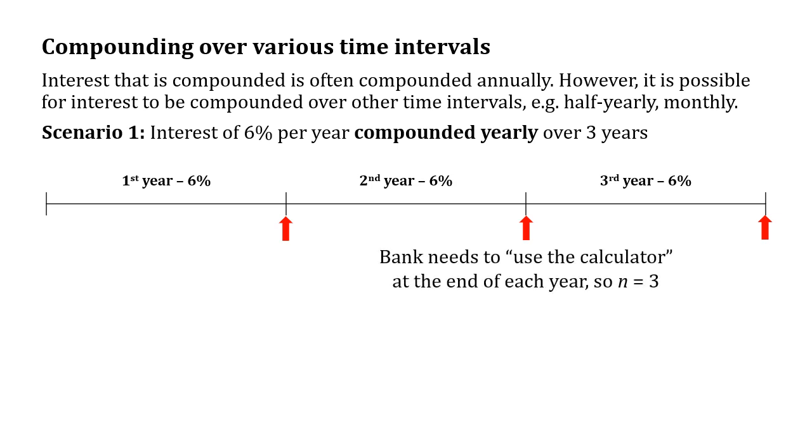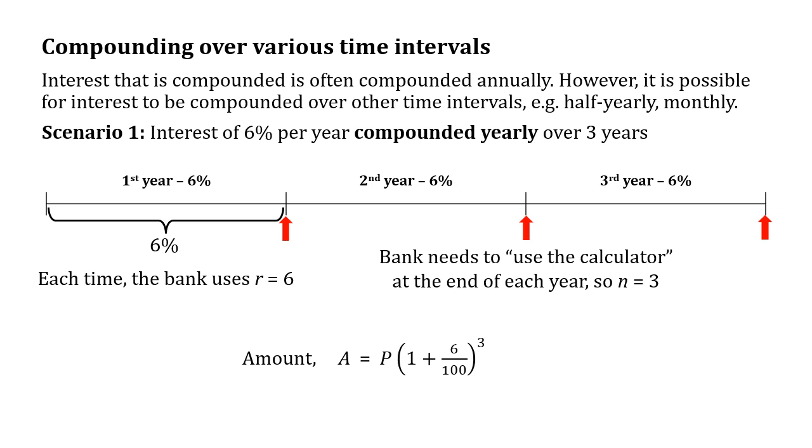N is equal to 3. How much is the interest used in the calculation? Because we are compounding yearly, and the question says the interest compounded is yearly and 6%, R is simply 6. And that's what the bank will use each time it uses the calculator. So our formula, when we apply it, will simply be this.